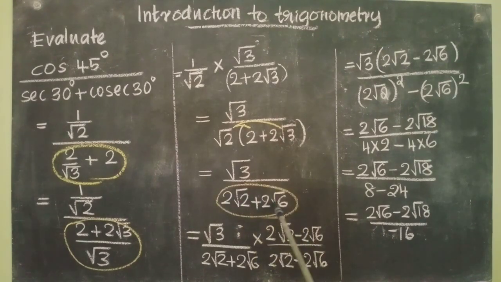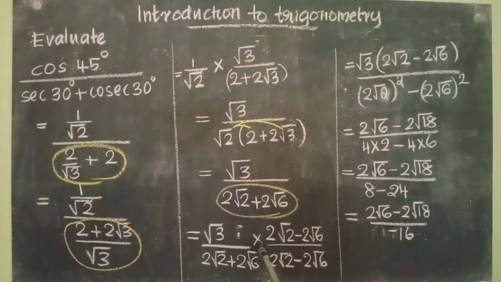Now here we can see the denominator is an irrational number. So we need to rationalize it. You have studied how we can rationalize the denominator in 9th standard. Here the denominator is 2 root 2 plus 2 root 6.